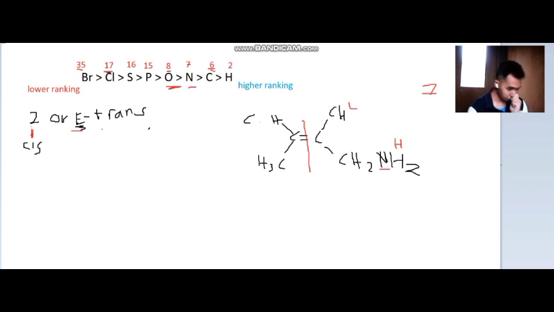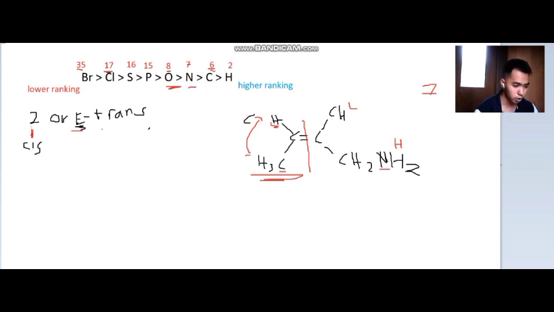So let's analyze and place the order of the ranks. The lower one has a carbon.